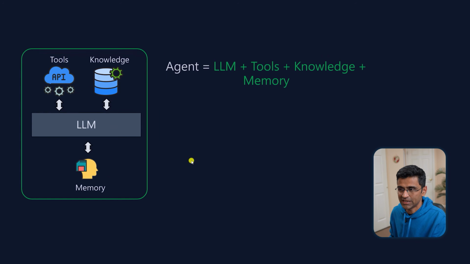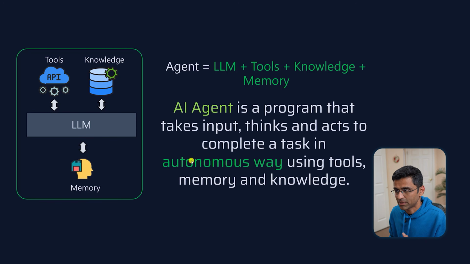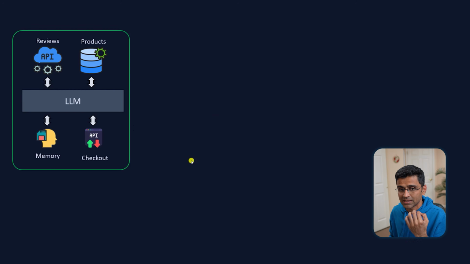So this is an agent. Whatever you are seeing in green is an agent. It is LLM plus tools plus knowledge plus memory. It is a program that takes input, thinks and acts to complete a task in an autonomous way using tools, memory and knowledge. So there is some kind of autonomy that you will see here.